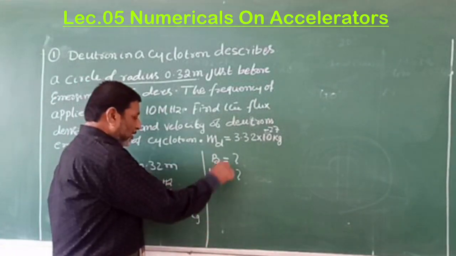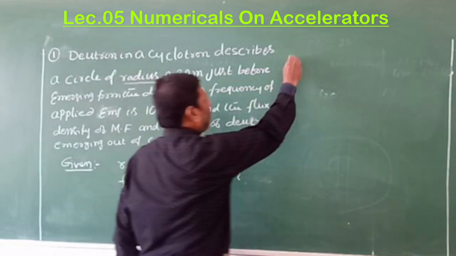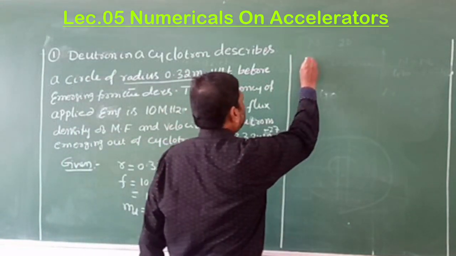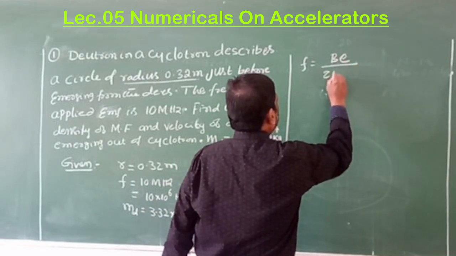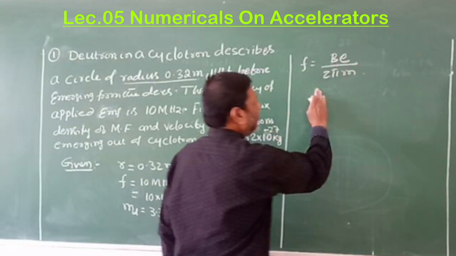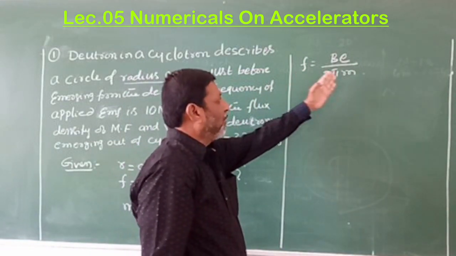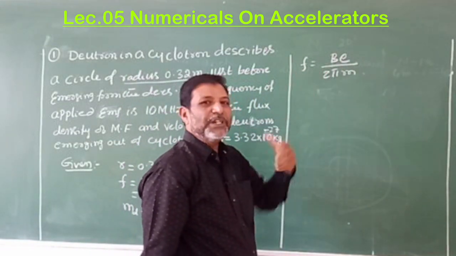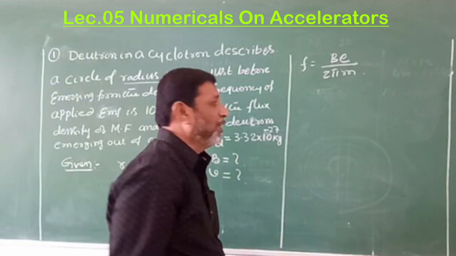Now, since the frequency is given to you, as you know, the formula of the frequency is equal to BE divided by 2 pi m. The frequency is given, and the mass is given. E is the charge of the deuteron, which is well familiar to you.